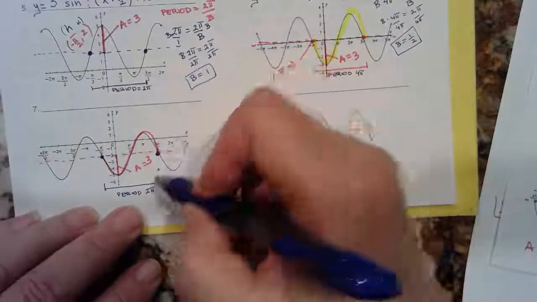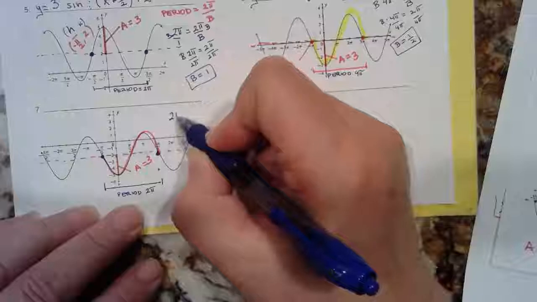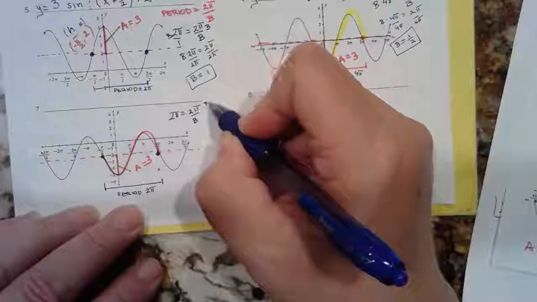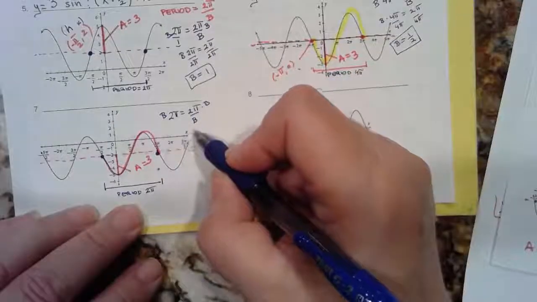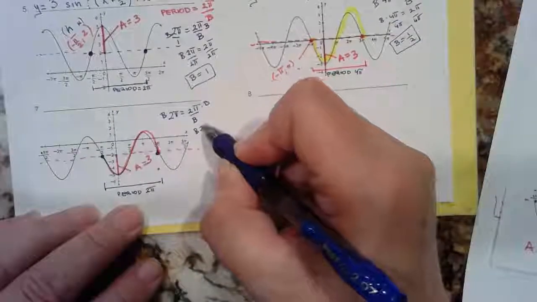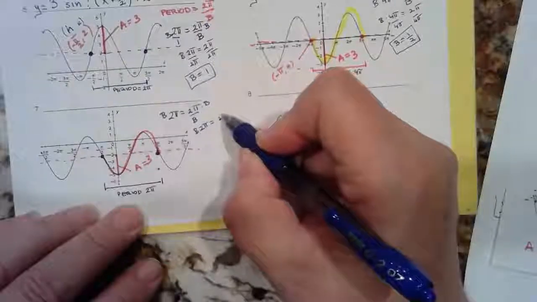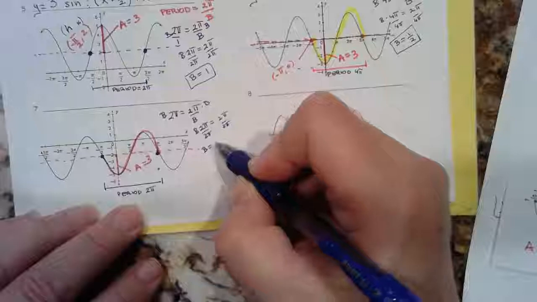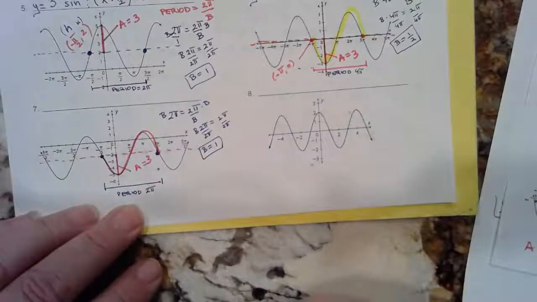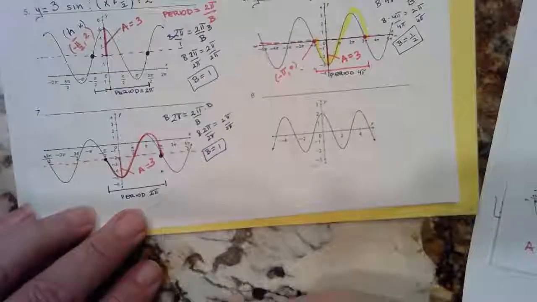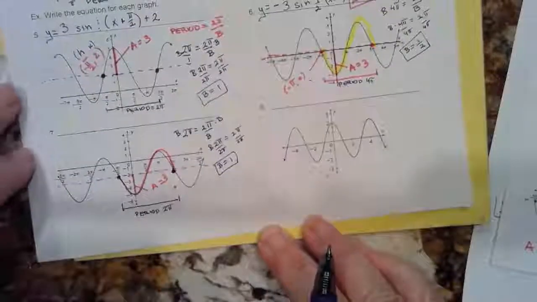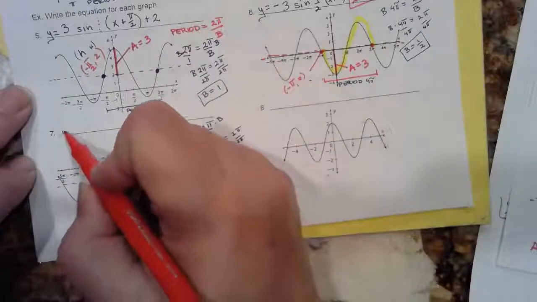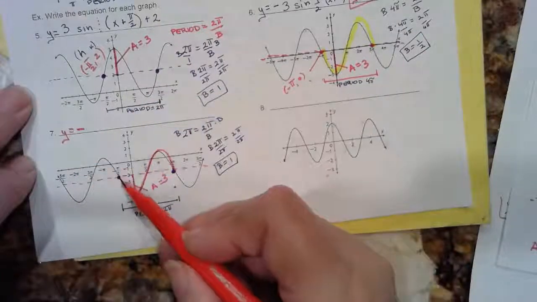So the next thing is we are going to find the B. So 2 pi equals 2 pi over B. Again, multiply both sides by B. So B times 2 pi equals 2 pi. Divide both sides by 2 pi, and you get B is equal to 1. So in this case, there's not much work because you won't have anything to distribute. So y is equal to negative, right? Because you went down.